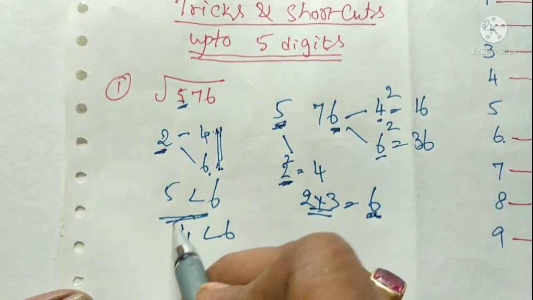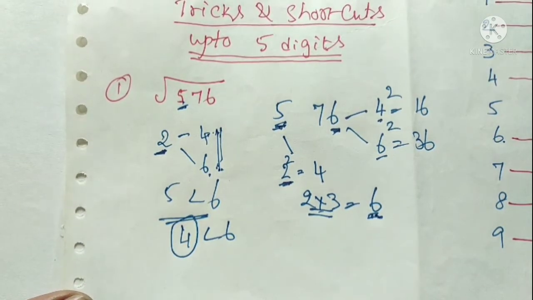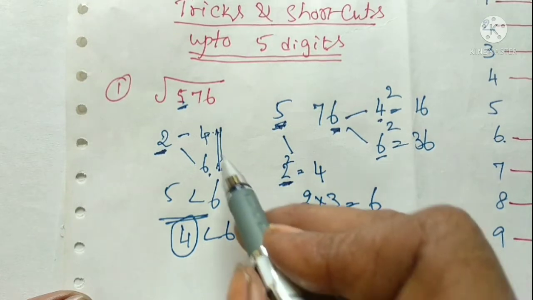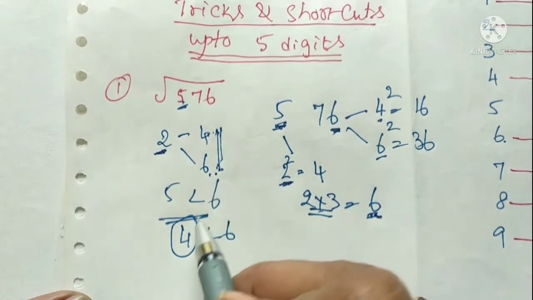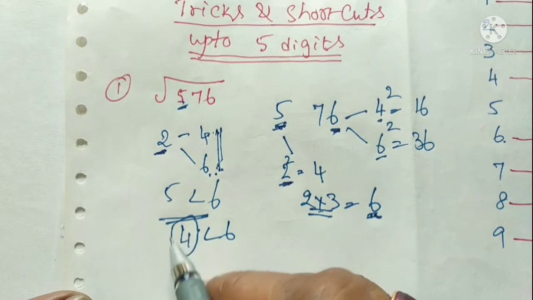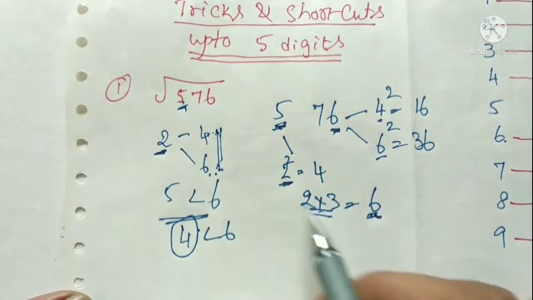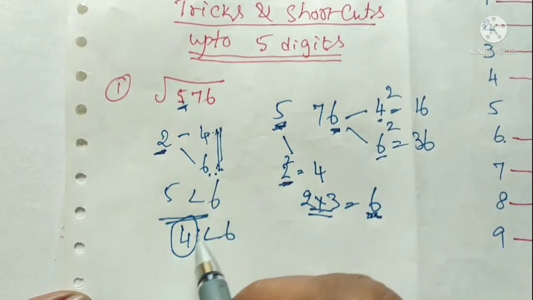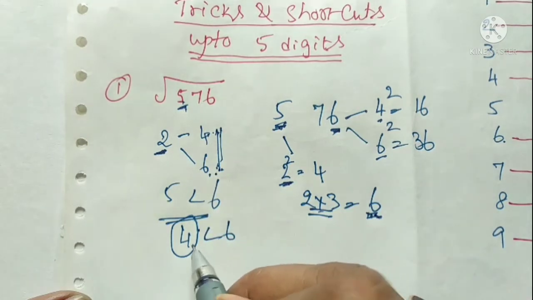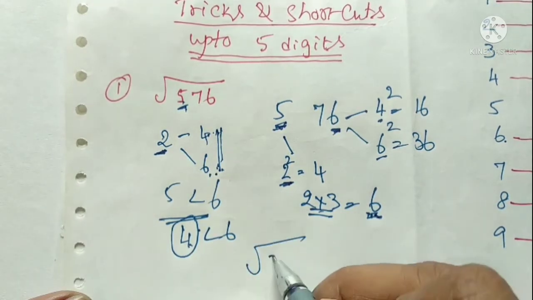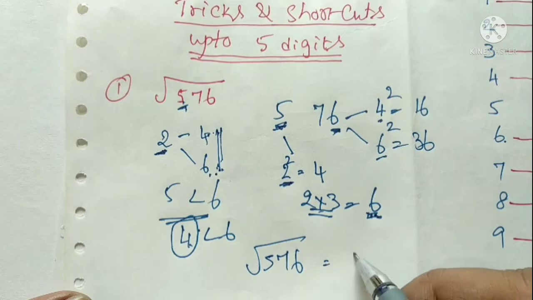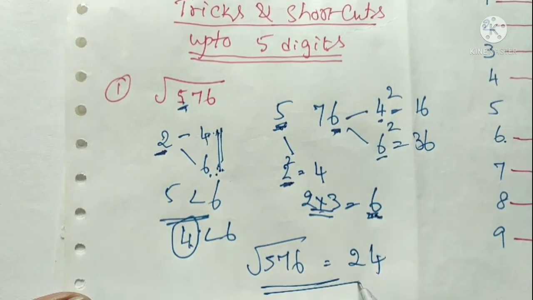So we take this 4 as the units digit of the square root. Out of 24 or 26, we have to take the lower number, that is 4, because 5 is less than 6. So the square root of 576 is equal to 24.